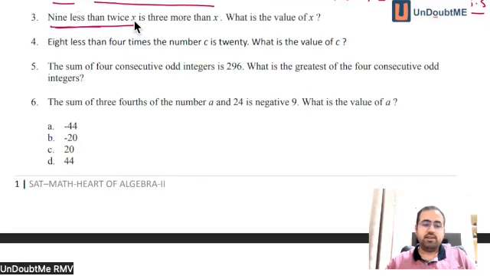You repeated the same mistake you did in the previous question. 9 less than twice x, it will be 2x minus 9.